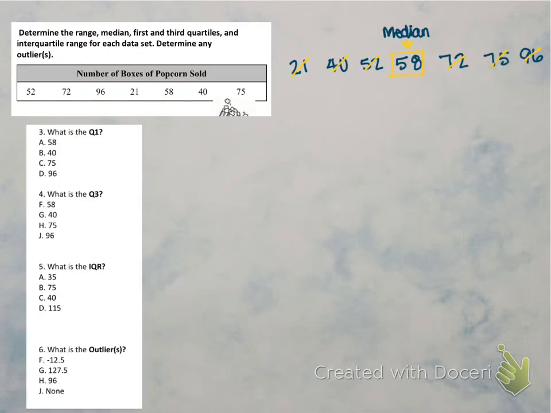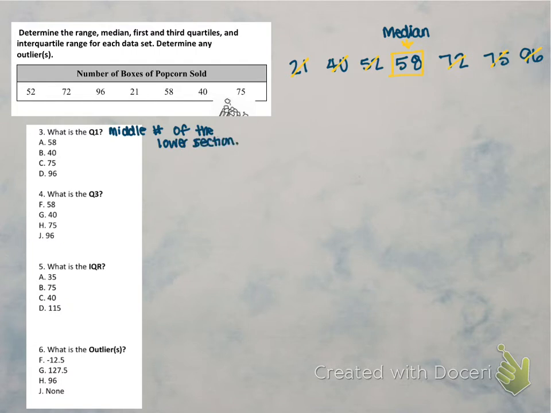Okay, so now we are looking at our Q1. So from our notes yesterday, we learned that Q1 is the middle number of the lower section.